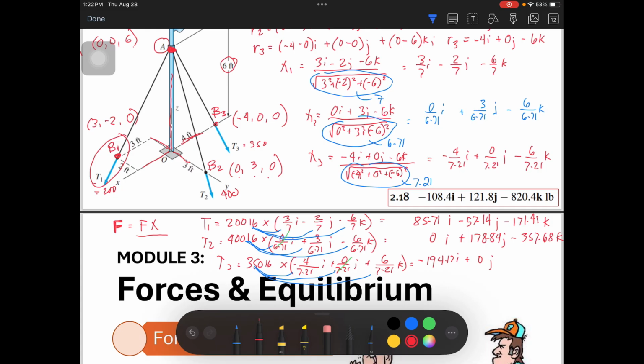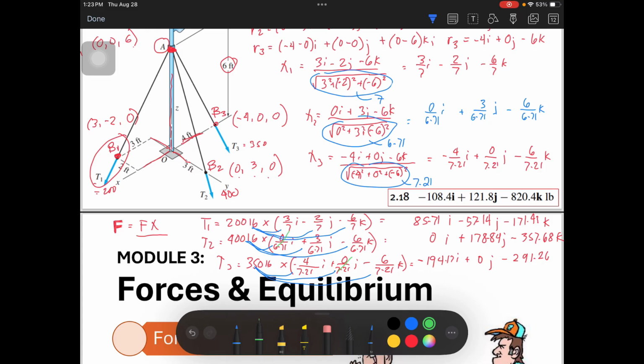Wait lang, i-checking. So, negative to, no? So, multiply natin si 350 times negative 6 over 7.21. So, that is negative 350 times 6 over 7.21. That is 291.26.